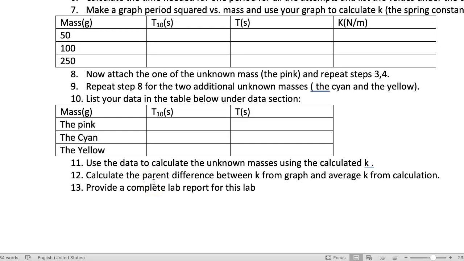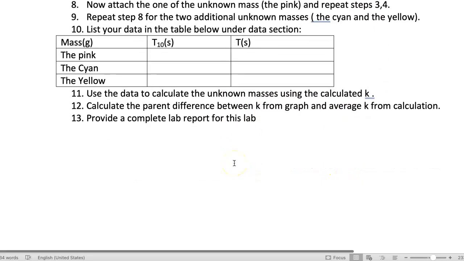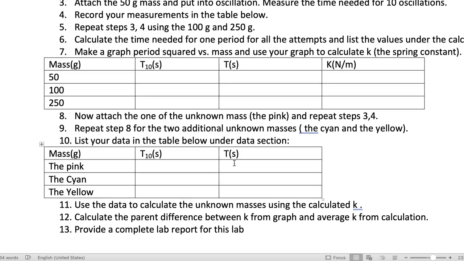Now, using the calculated value of K, you will be able to find the values for these masses. You are going also to find the percentage difference between K from the graph and the average K from the calculations here. And of course, you need to provide a complete lab report.